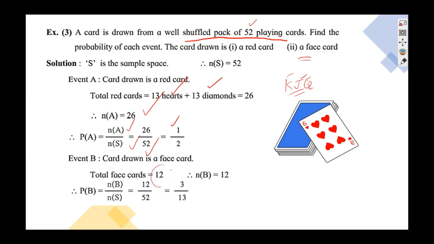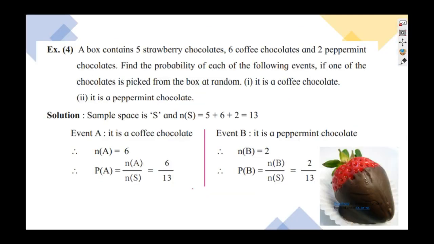So naturally 12 is the number. So 12 upon 52, that is 3 upon 13, is the probability of getting a face card. So things are becoming easy for you: simply write the number of sample points of that event and the total sample points.